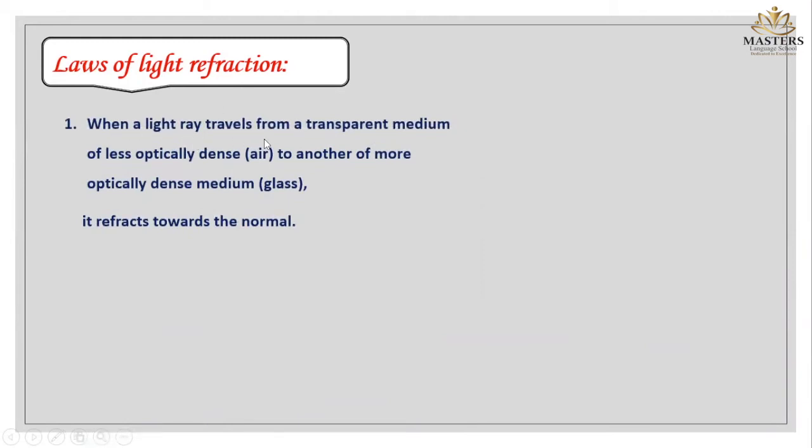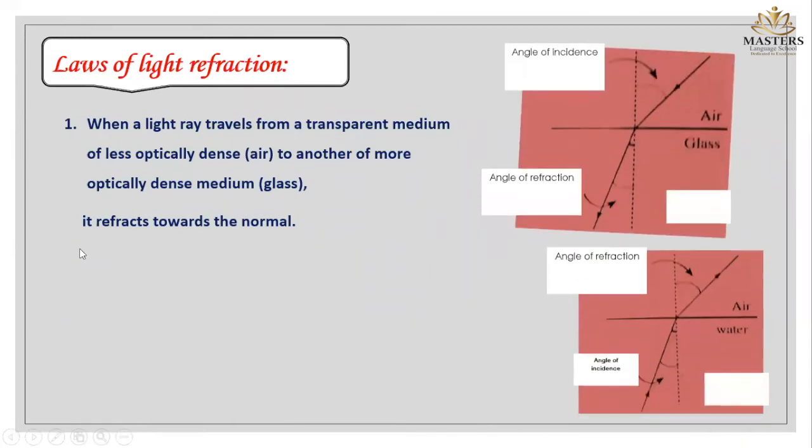When a light ray travels from a transparent medium of less optical density to another of more optical density, like glass, it refracts toward the normal.